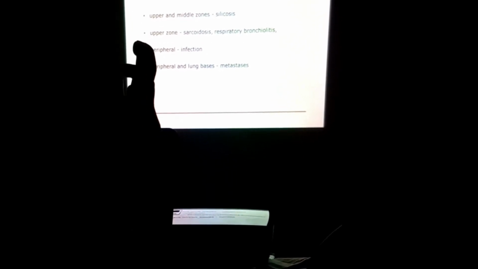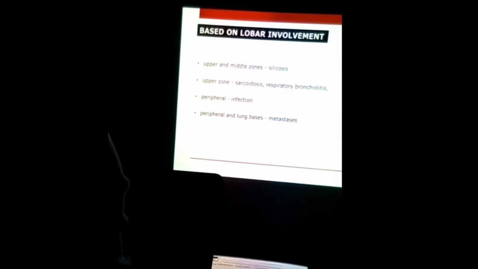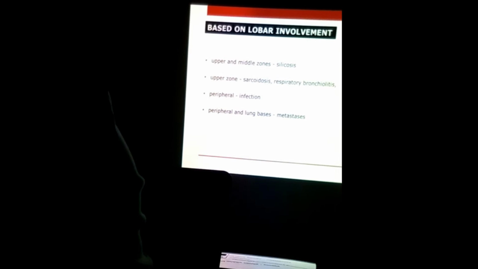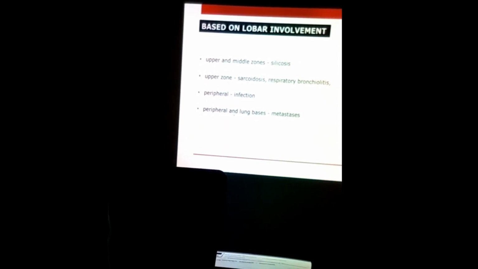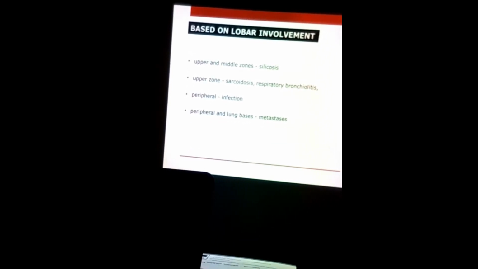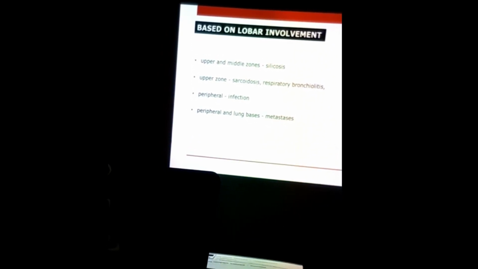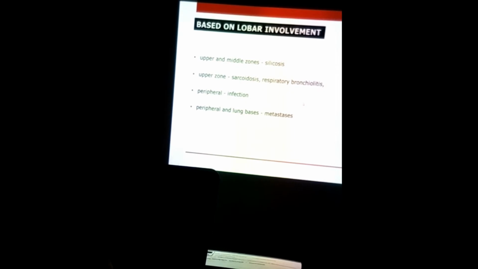The formula is CASSETTE P: C for cystic fibrosis, ankylosing spondylitis, sarcoidosis, silicosis, eosinophilic granuloma, tuberculosis, and P for PCP. CASSETTE P. The basal distribution is present in rheumatoid arthritis and many drugs. Okay, the upper zones are these diseases, that is all there is to it.